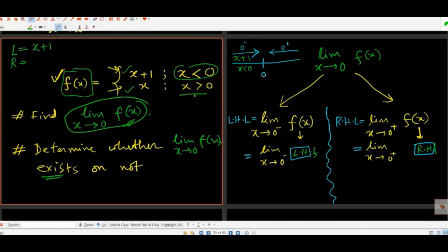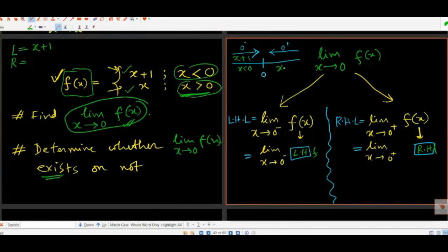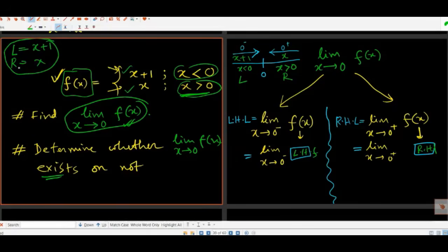Because we have this restriction x greater than 0, depending on 0 plus, we can understand that the second piece of the main function is the rightward function and the first piece is the leftward function. So we have collected 2 pieces of information: x plus 1 is the leftward function and x is the rightward function. Now we have to input those functions here.